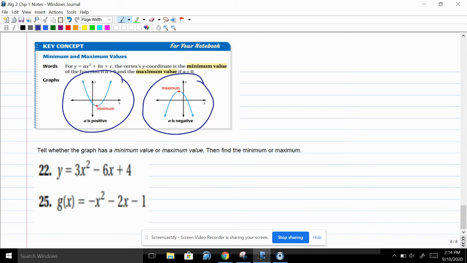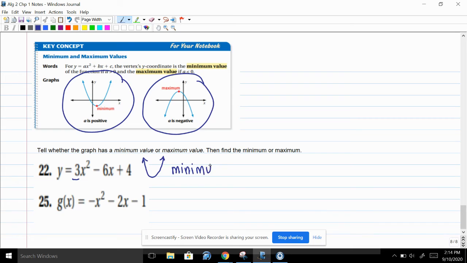Now remember, we can figure out right away whether the graph opens up or opens down. We just look at our a value. So in number 22 here, my a value is +3. So this graph is going to open up in some way, shape, or form. And since it opens up, that means it has a minimum.